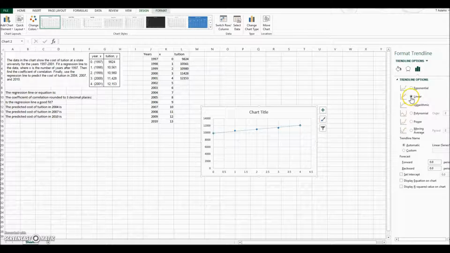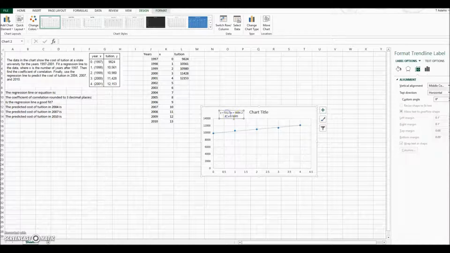It should be selected linear. This was pre-selected, came up that way, but the two things we want to select are here at the bottom. We want to display the equation on the chart, and we also want to display the R squared value on the chart. Now these are pretty small, so let me grab this and make them slightly larger so that we can see what we've got there.